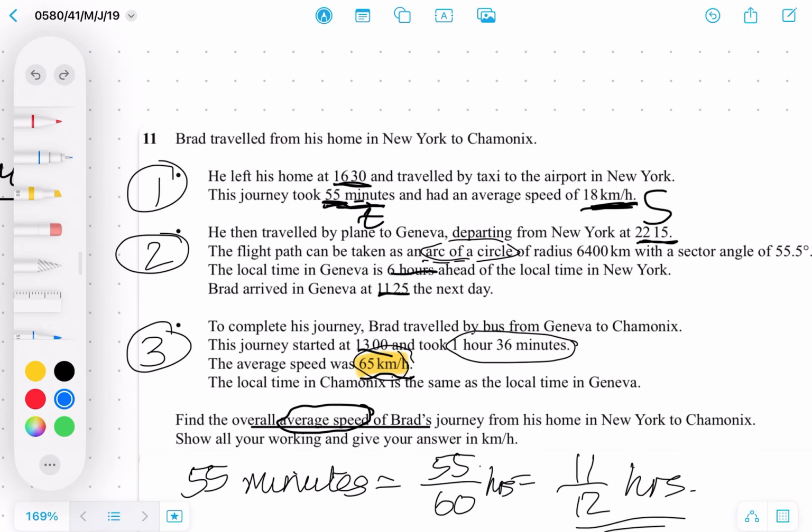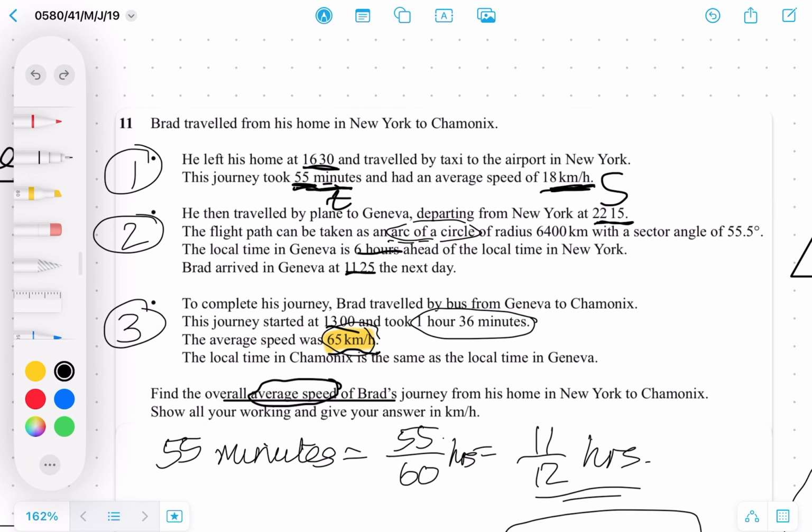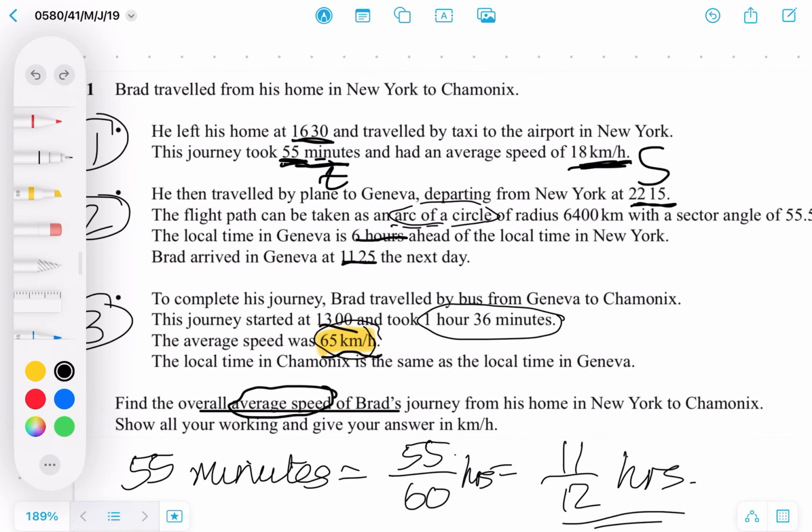So what we can do is simply find the end time when his journey ended. And you can see that his journey ended 1 hour 36 minutes past 1 p.m. the next day.